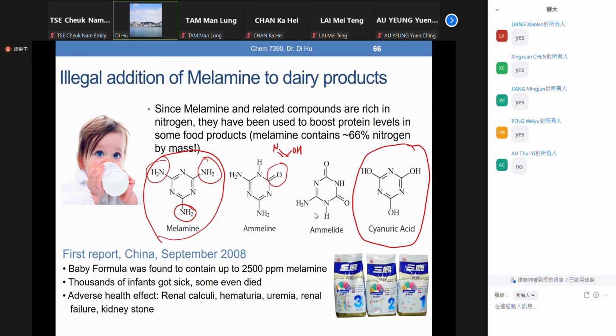Okay. So this part can be rewritten as this. So it's actually one amine group replaced by OH. Here can be two amine groups replaced by OH groups. And that's why cyanuric acid is three amine groups replaced by OH groups. Okay. So what is the problem with these two?